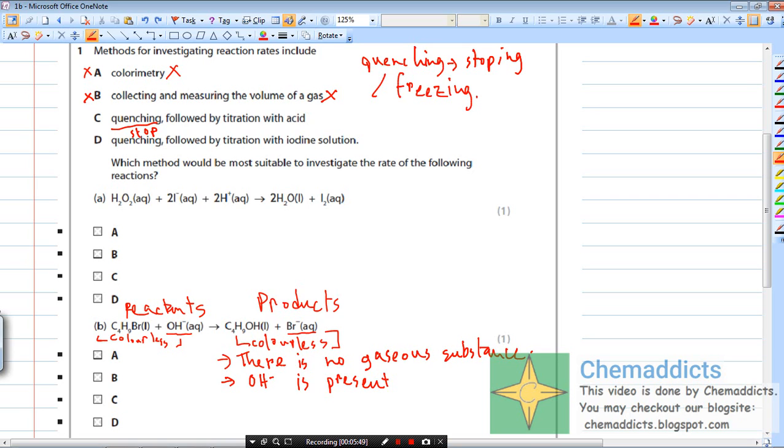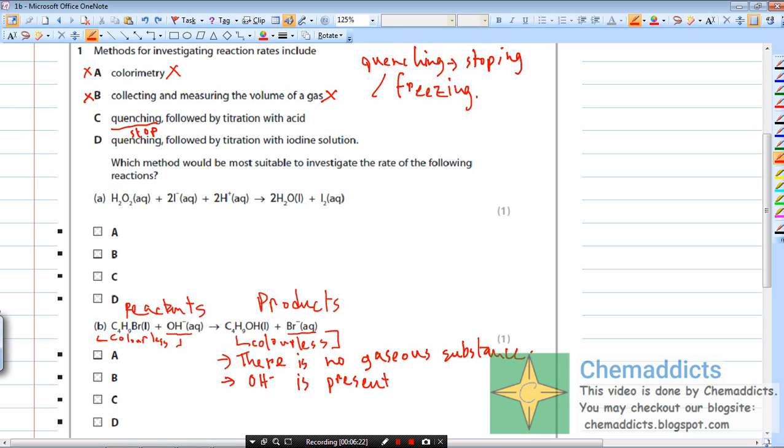Then we carry out the titration with acid. We repeat the experiment, do some data analysis and plot the graph, and finally we calculate the rate by this method.